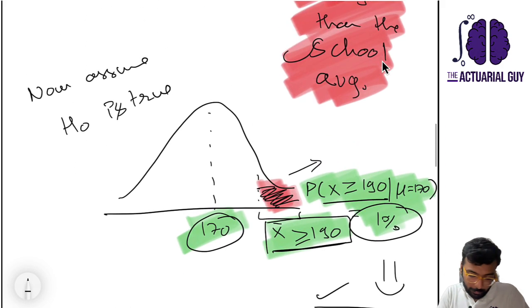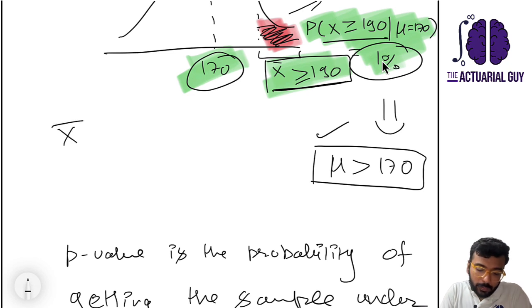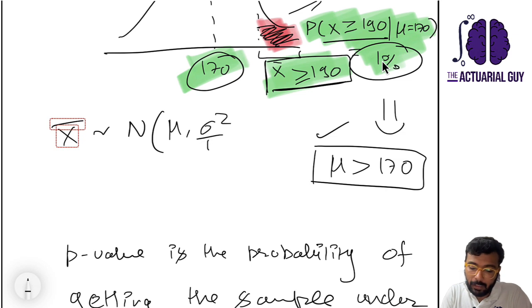Now how do you do it really? The beautiful thing is that we know the distribution of x bar, right? So we can compute the probability that x bar is greater than or equal to 190. x bar has a normal distribution with mean mu and variance sigma square by n.